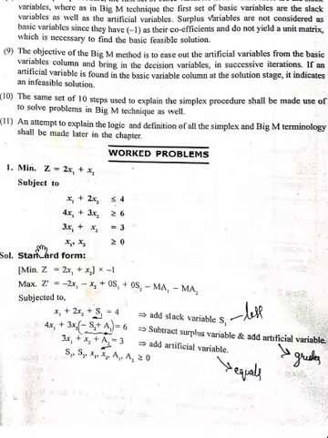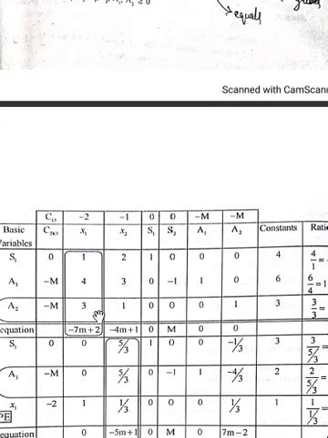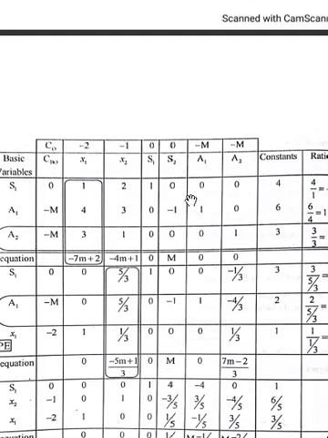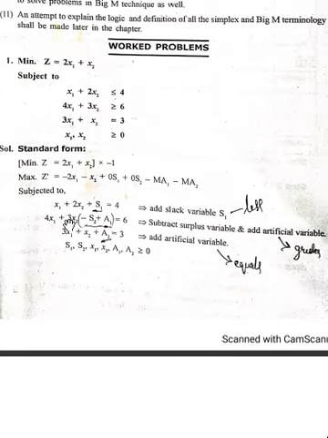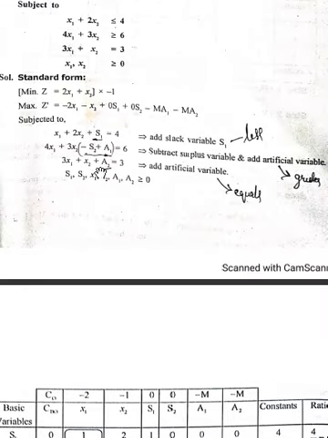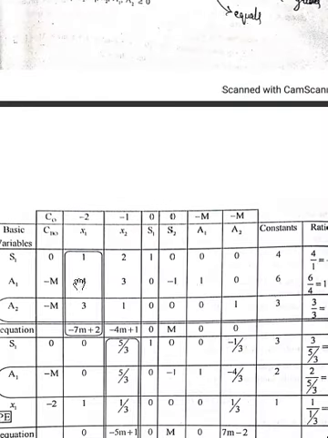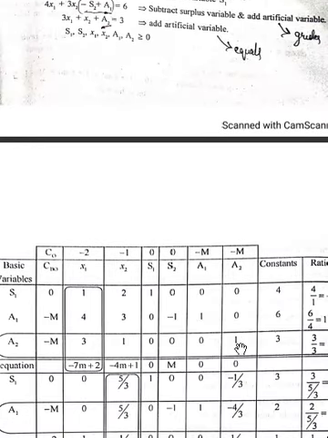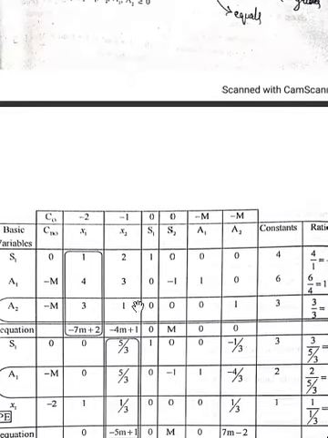Don't consider surplus variables here, because the slack and artificial variables will yield the unit matrix at the later stages. The first equation has the coefficients 1, 2, 1 and the rest zeros, and the RHS is 4. The second has 4, 3, 0, minus 1, 1, 0, followed by 6. We are just writing their coefficient values here. Then for A2, it will be 3, 1, the rest zeros, and 1 at the end for A2, and the RHS value is 3.